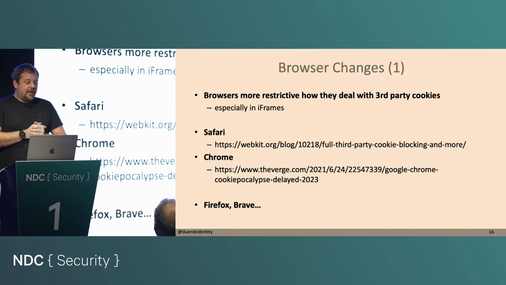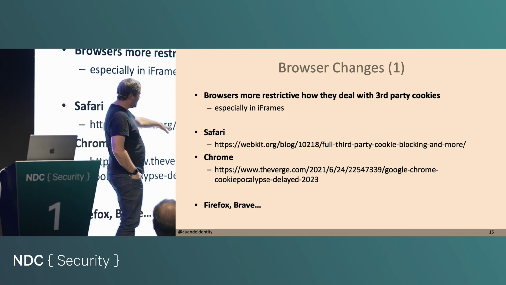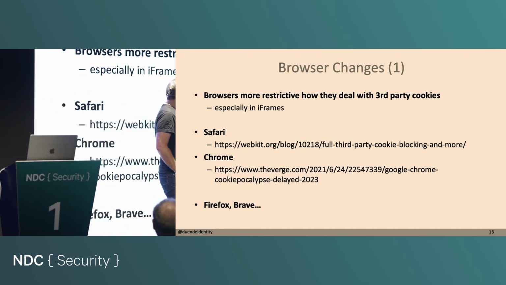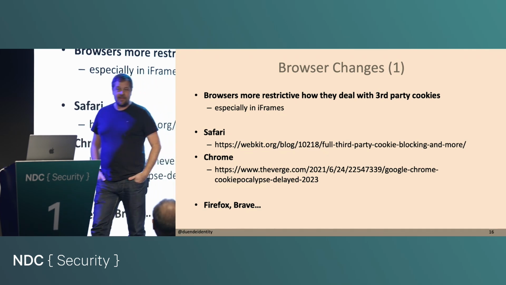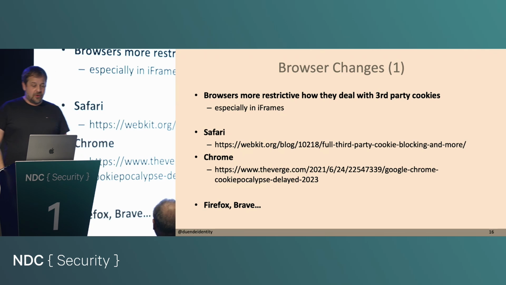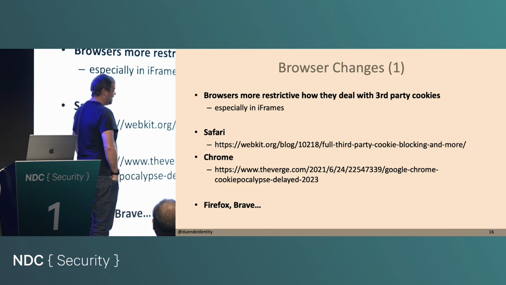Safari did that already, actually already like 2 years ago. They started blocking any third-party cookie in your application. Chrome wanted to do it and postponed it because I think they were sued by the EU, because a lot of websites wouldn't work anymore.